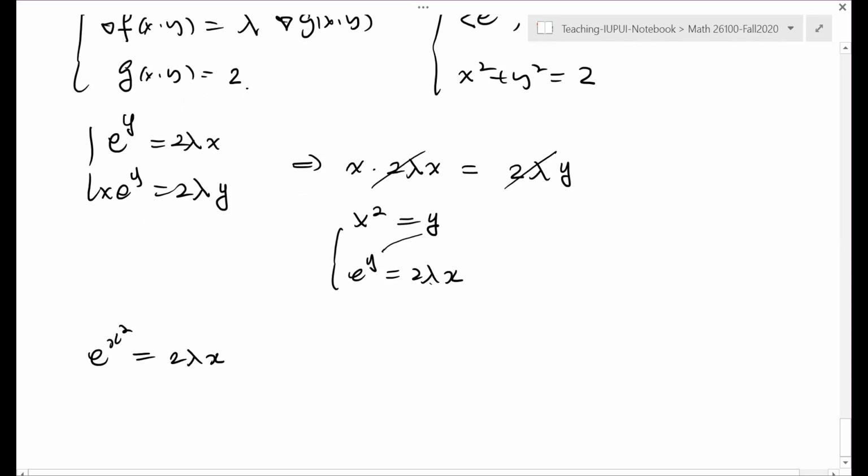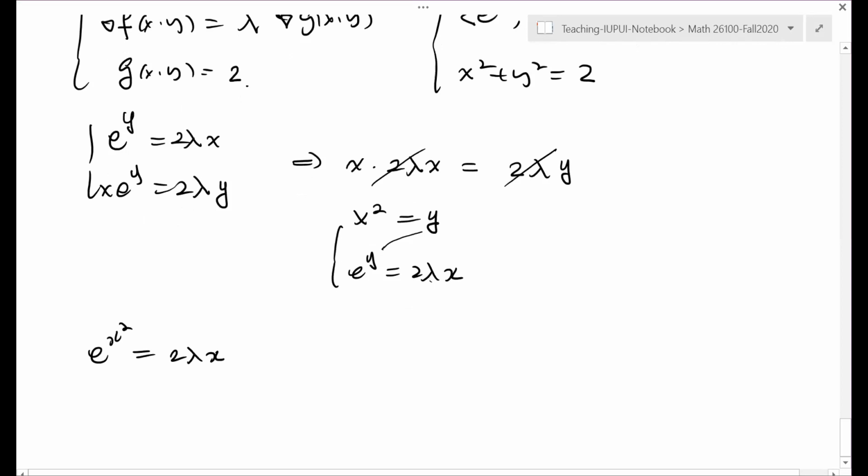But we cannot solve for x and y, we cannot express x in terms of lambda in elementary form. So x should be equal to something that depends on lambda, and yes, this equation has a solution.